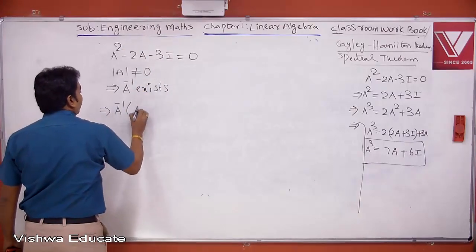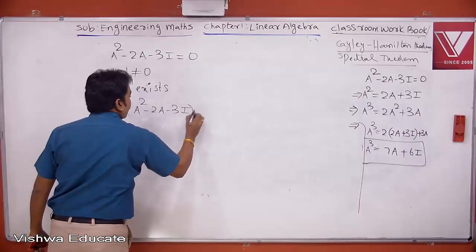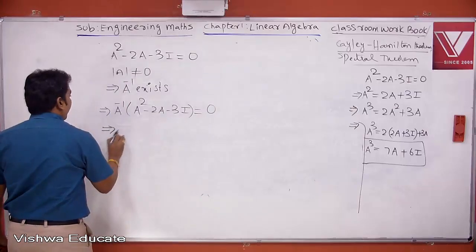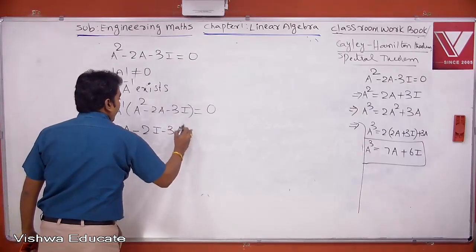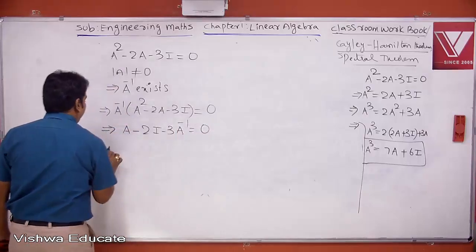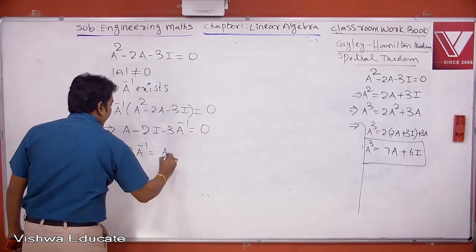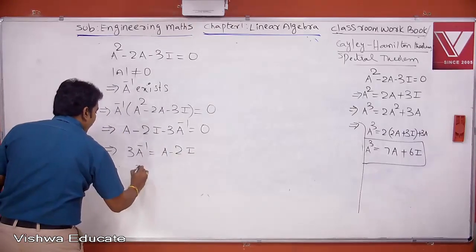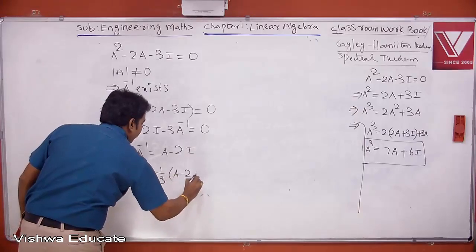So A inverse into A square minus 2A minus 3I equal to A inverse into null matrix, null matrix. This implies A minus 2I minus 3 into A inverse equal to null matrix. This implies 3 times A inverse equal to A minus 2I. Therefore, this implies A inverse equal to 1 by 3 into A minus 2I.